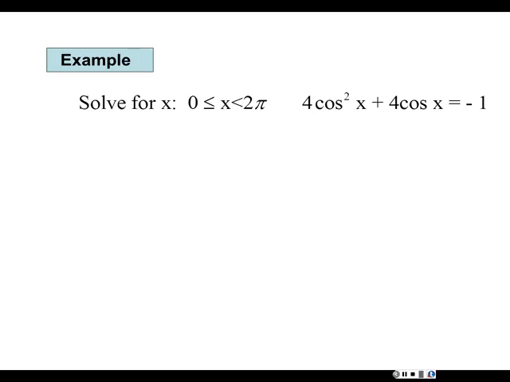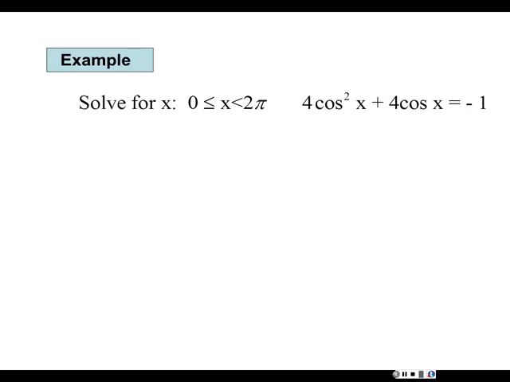So if the angle is half, what is it? It's cosine 60 degree, right? Cosine 60. So we first write it like this, or maybe I can write it this way, which makes it a little bit easier for you.